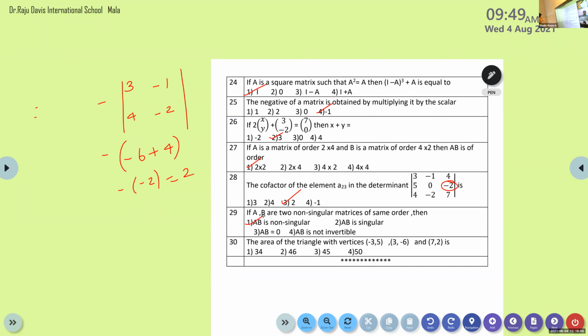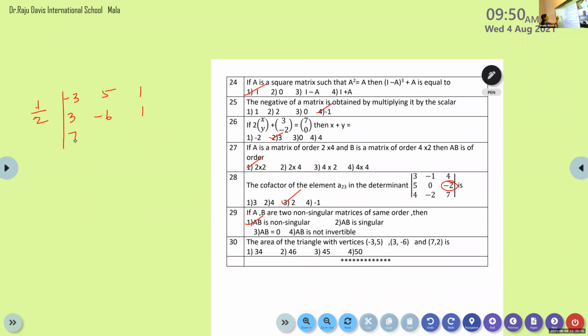Area of the triangle with the vertices. What is the formula for area of triangle? Half into x1, y1, 1, minus 3, 5, 1, 3 minus 6, 1, 7, 2, 1. So which is half into, when you open the bracket, minus 3 into minus 6 minus 2, minus 5 into 3 minus 7, plus 1 into 6 plus 42.